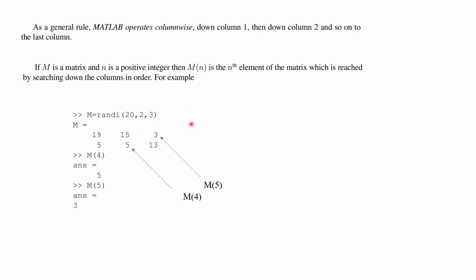If we wanted to find M(5), then it goes down column 1, down column 2, until it hits the 3 here in the 5th position. So M(n) is the nth element in the column vector that it makes from the matrix M.